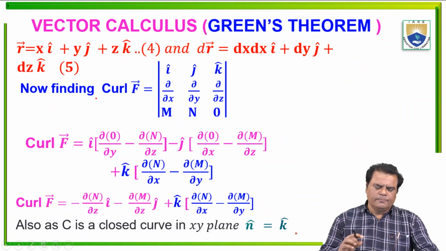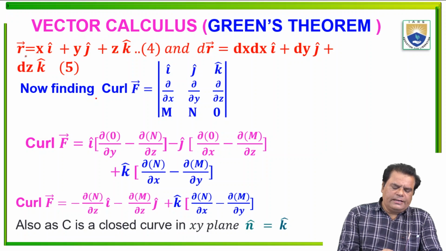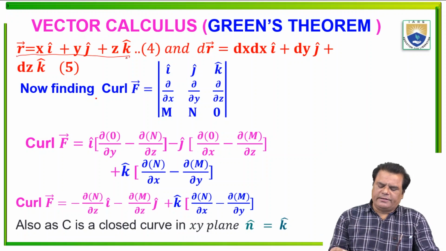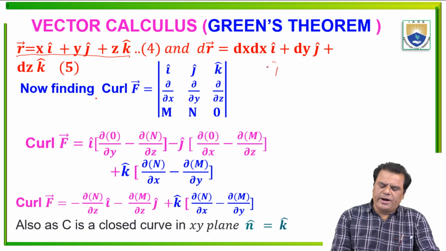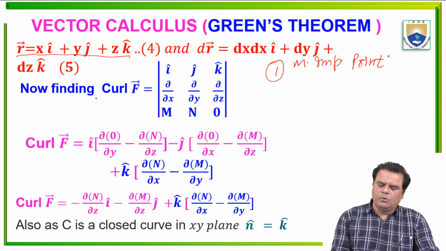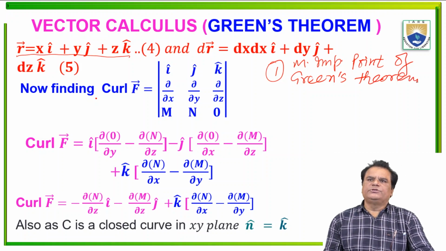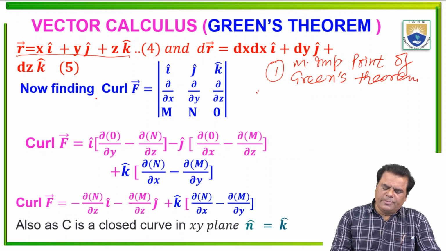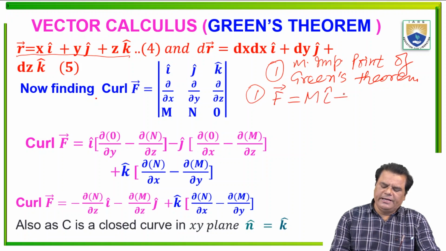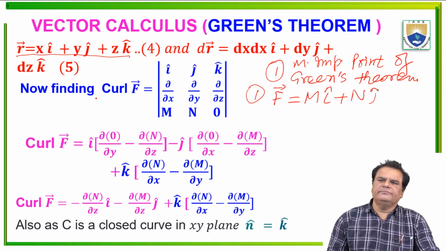So now, first of all, here R vector is the position vector. The most important points of Green theorem. Number 1, F vector is a two-dimensional vector, m i plus n j.